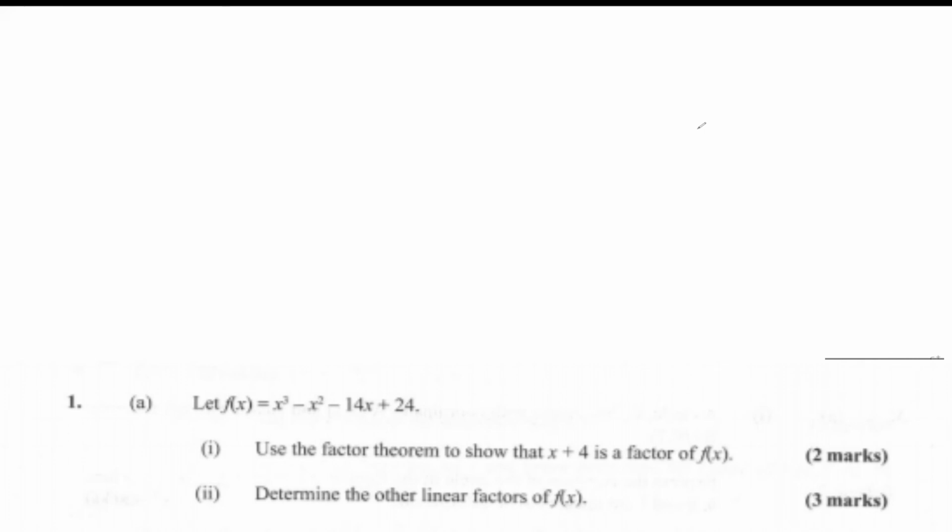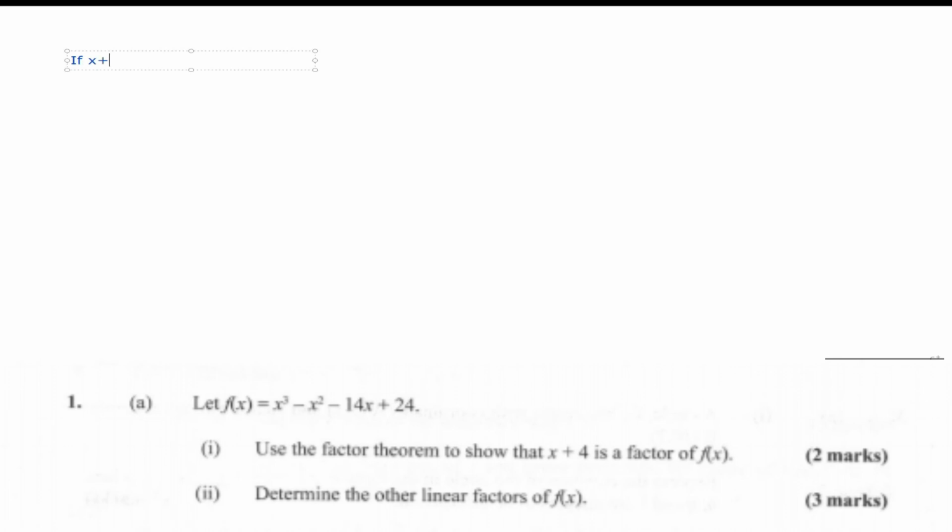Question 1. Question 1 says, f of x is x cubed minus x squared minus 14x plus 24. And it says, use factor theorem to show that x plus 4 is a factor of f of x. Now, this is quite simple.